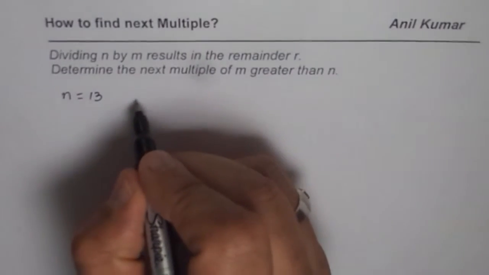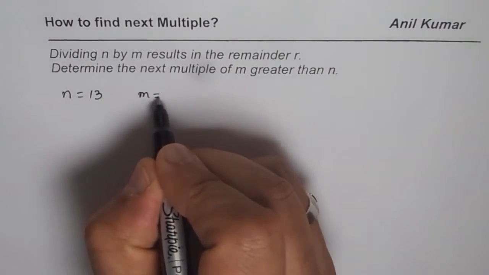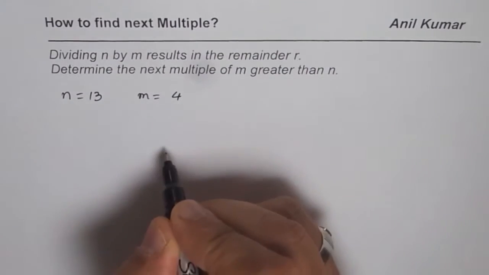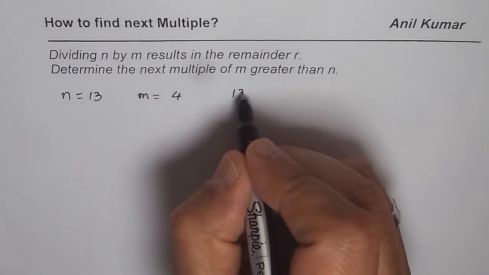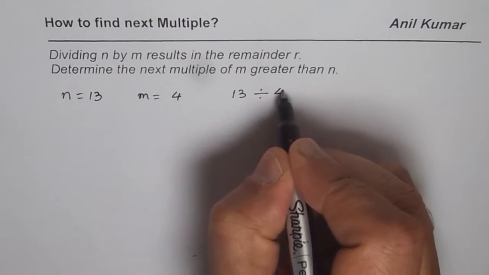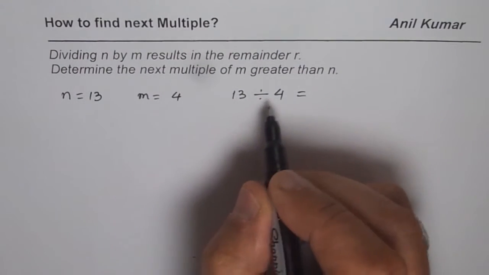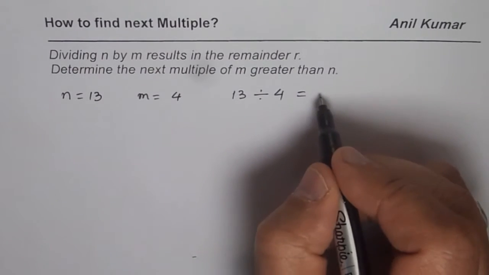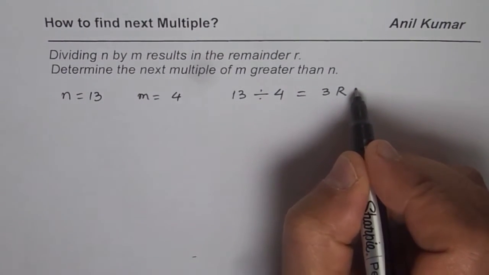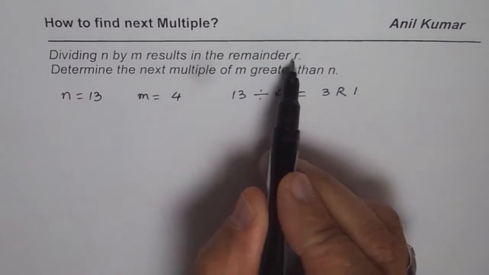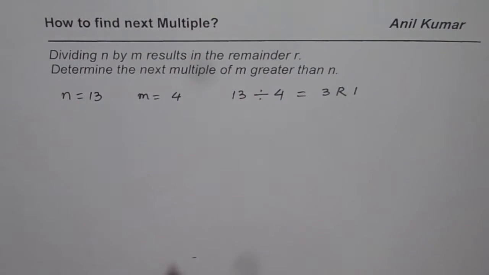Let us take first m equal to 4. Dividing n by m means 13 divided by 4. You get 4 times 3 is 12, so you get 3, and then a remainder of 1. So r in this case is 1, correct?